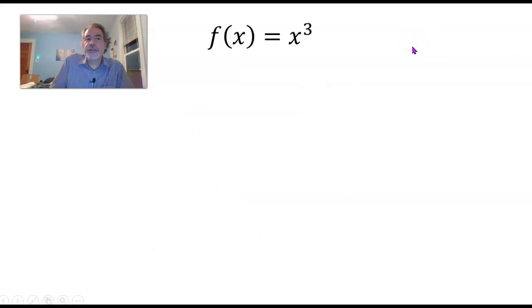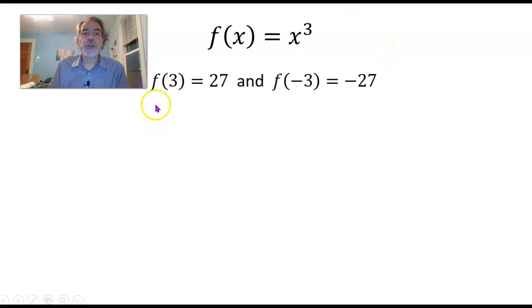Now look at the function that gives you whatever number you put in to the 3rd power, the cubing function. F of x equals x cubed. So f of 3 would be 3 times 3 times 3, 27. And f of negative 3 would be negative 3 times negative 3 times negative 3, which is negative 27.